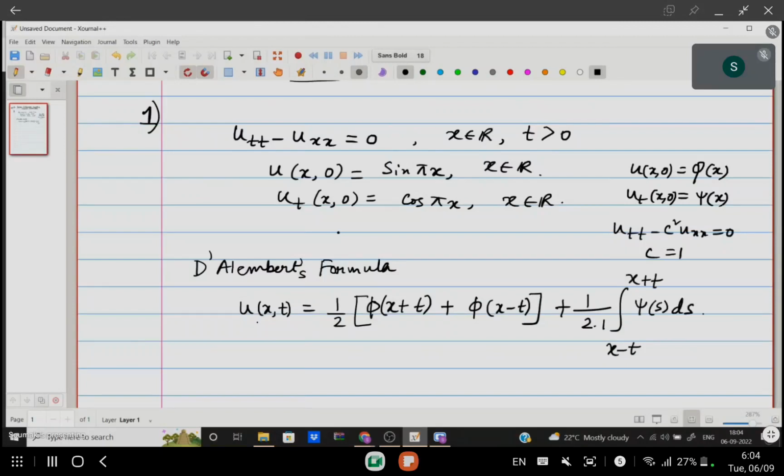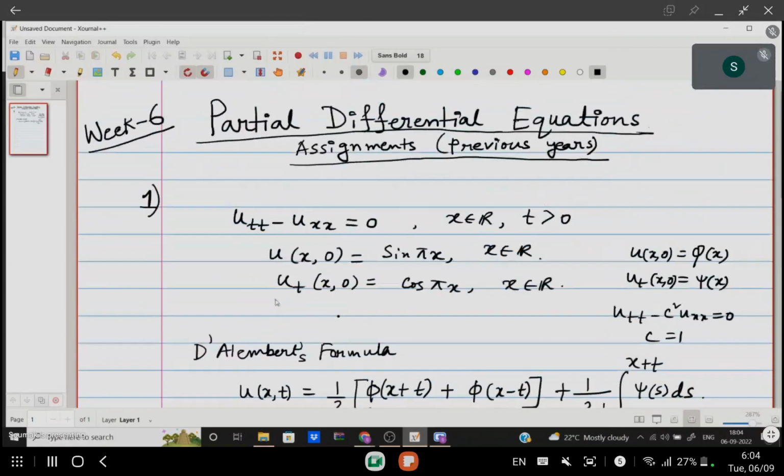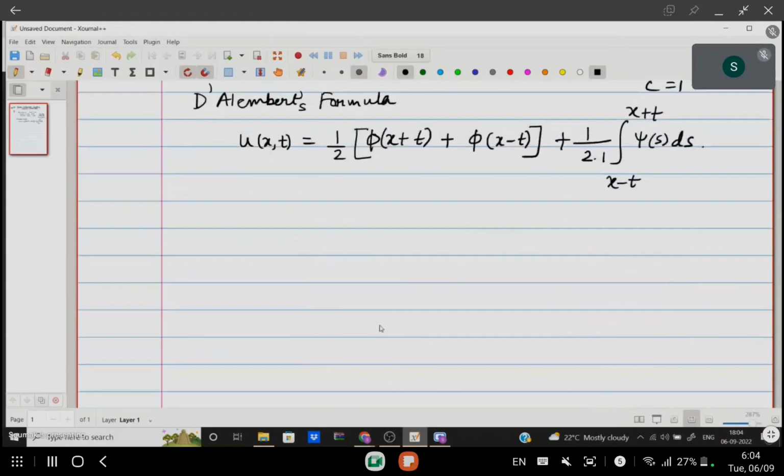Is it okay? Yes, sir. Okay, so I will just put the values of phi and psi. Here phi is sin(pi x) and psi is cos(pi x).